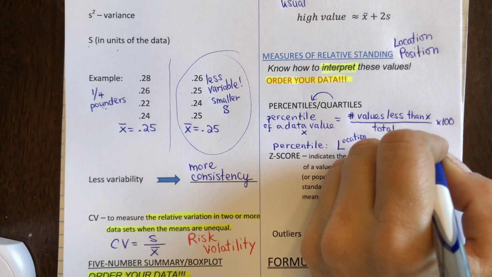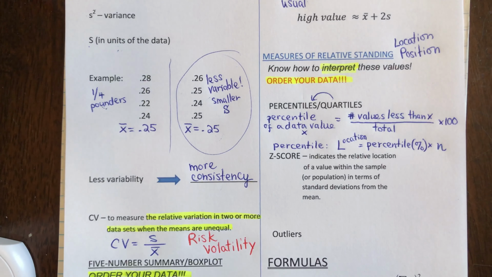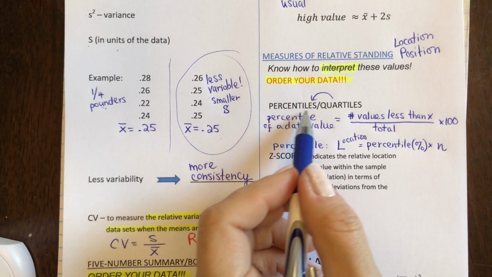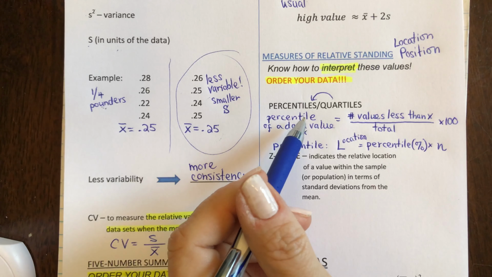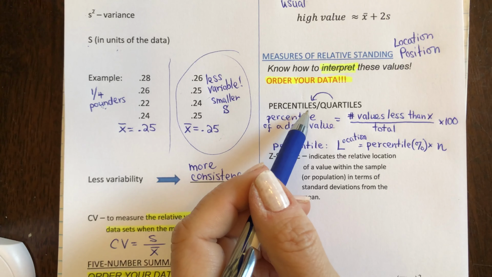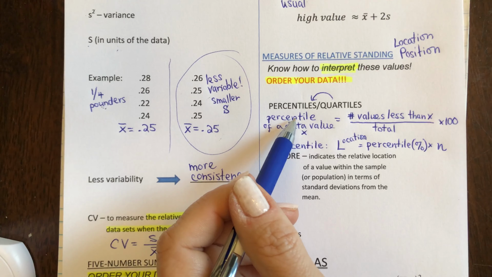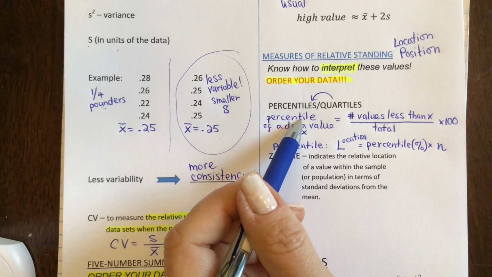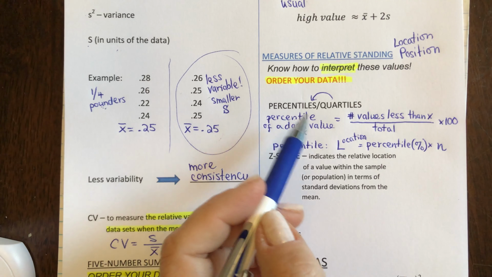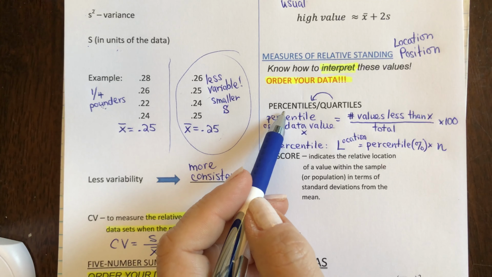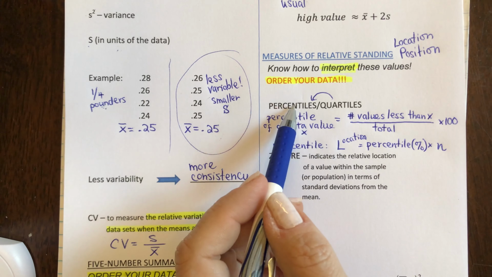And multiply by your sample size, okay? To find the percentile value, okay? So what does a percentile tell us? Well, if you're, for example, looking for the 10th percentile, what that means is that 10% of the data values fall below that number. Quartiles are just percentiles.